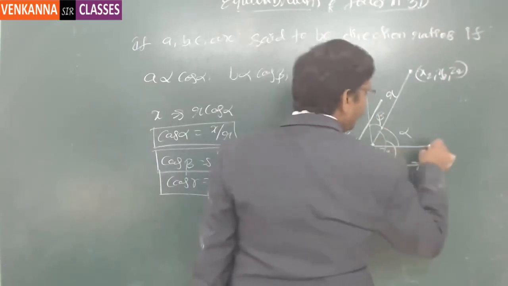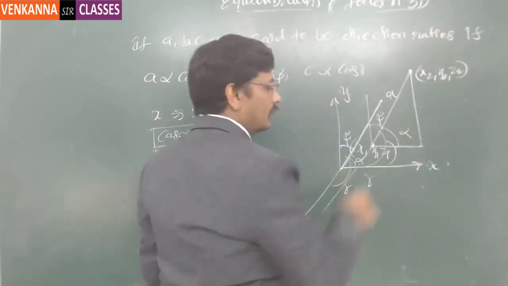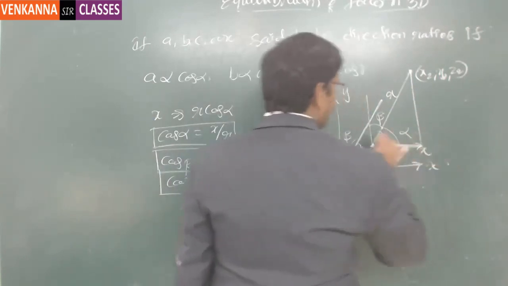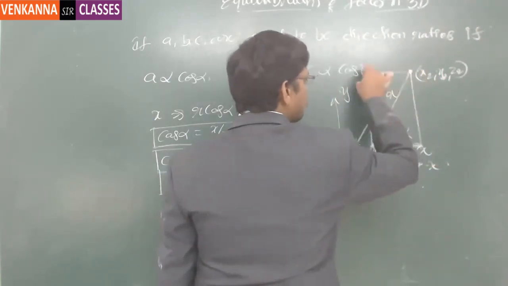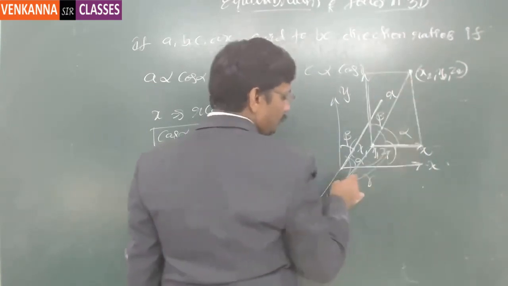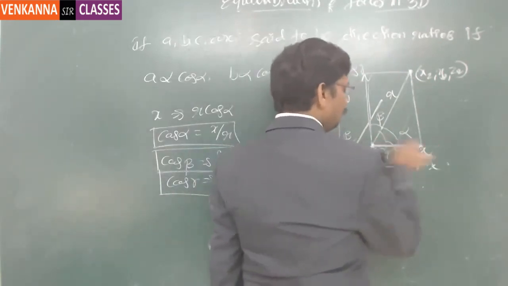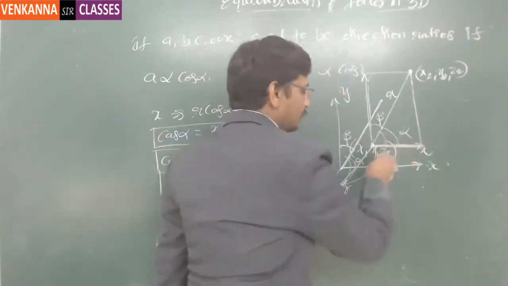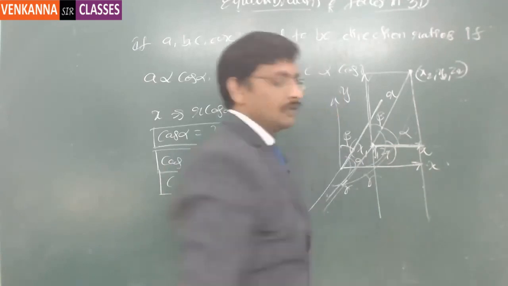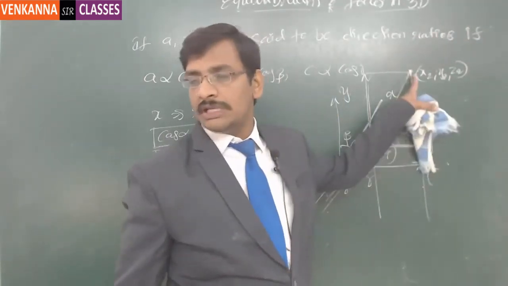Now if I complete this, then this value is r, this value is x, this value is y, and this value is z. So this value projected onto this is z. Now what is the length between these two? With respect to this coordinate system, this position is x1, y1, z1, and this position is x2, y2, z2.